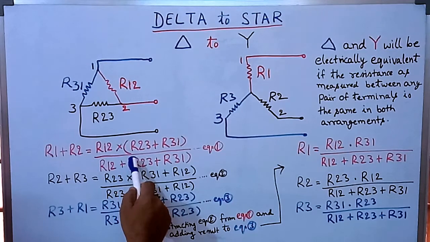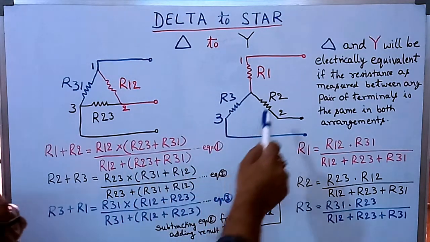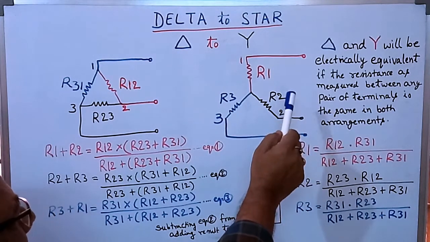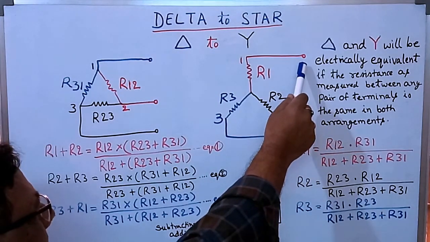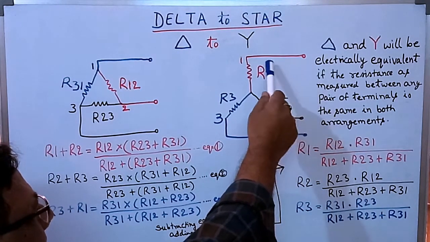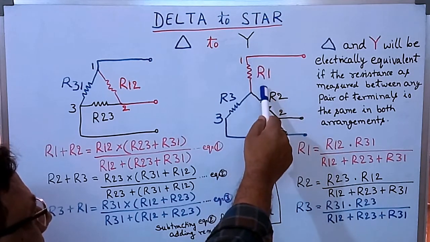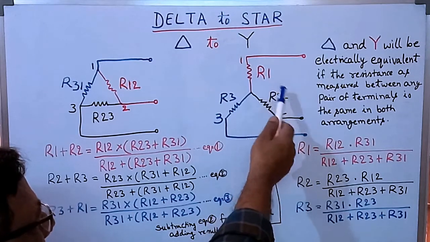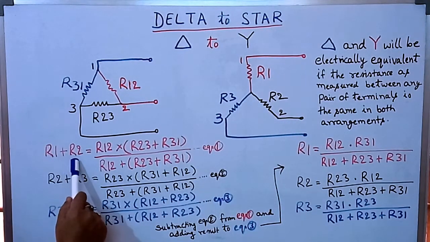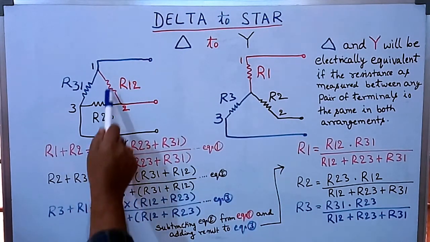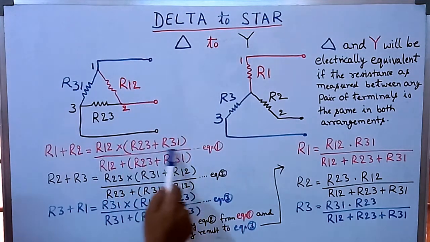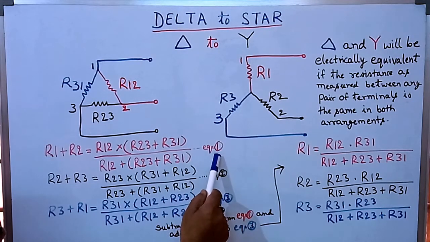This resistance should be equal to the terminal resistance between terminal 1 and 2 in star. Now in star, when we see between terminal 1 and 2, there are two resistances R1 and R2 in series connection. Hence R1 plus R2 equals the parallel connection between terminal 1 and 2. This is equation 1.